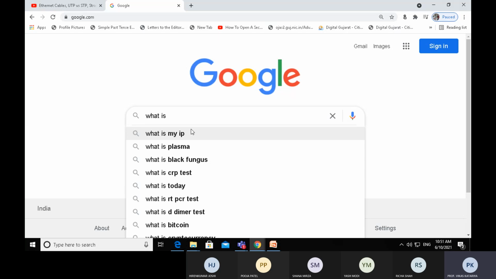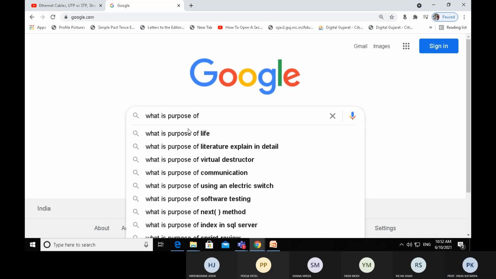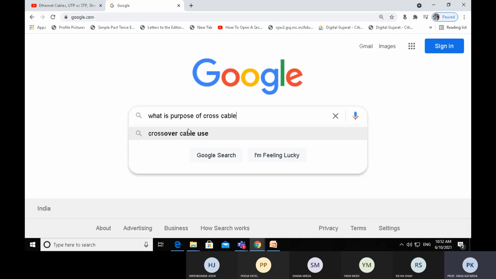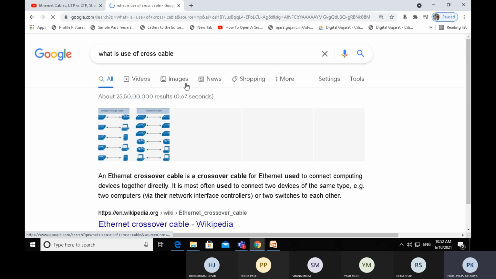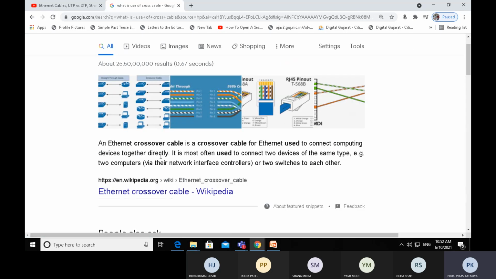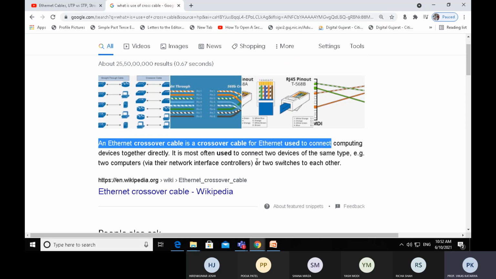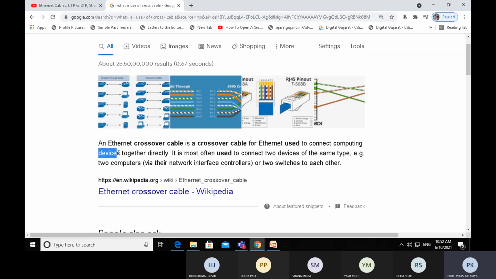First of all, I would like to clear the basics. What is the use of a cross cable and what is the purpose of a cross cable? An Ethernet or any local area network crossover cable is a cable used to connect computing devices together directly.